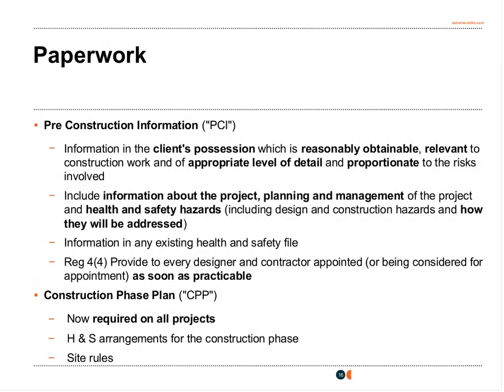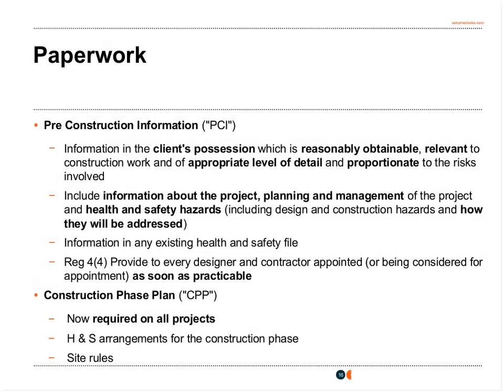Looking at paperwork on the next slide, we've mentioned a couple of these pieces of paperwork already. To start with the pre-construction information, this is information which, as mentioned before, is in the client's possession or which the client can reasonably obtain. It must be relevant to the construction work and in an appropriate level of detail and proportionate to the level of risk.